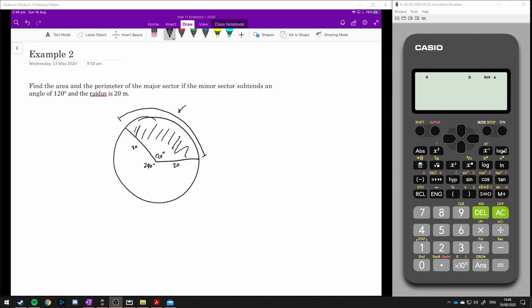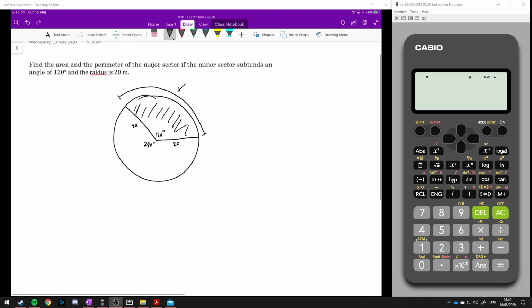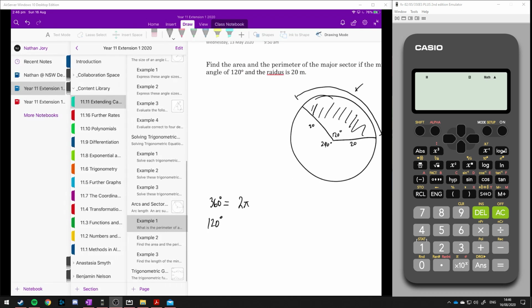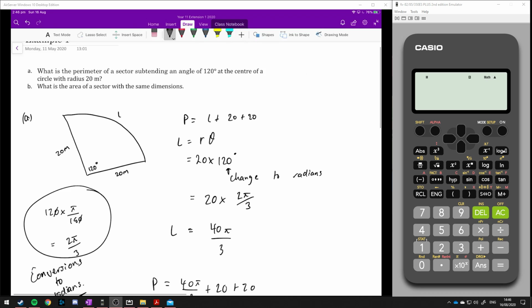240 degrees. We know that the angle of a complete circle is 2 pi, which is equal to 360 degrees. And from the previous example, we worked out 120 degrees was 2 pi on 3.